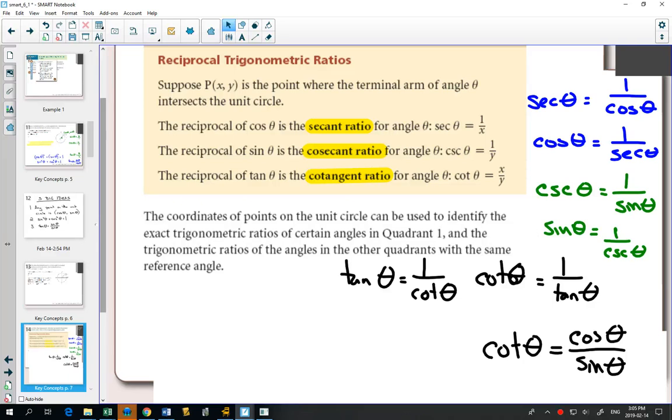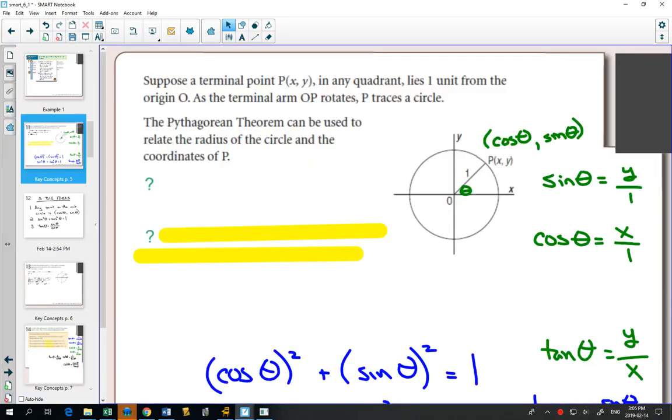And so to summarize, if you have a unit circle, which means that the radius is 1, that's what we started looking at the beginning, then you can label any point on your unit circle and make a right-angled triangle. The height of that right-angled triangle will always be your y-coordinate. The length of that right-angled triangle, or the base, will always be your x-coordinate.